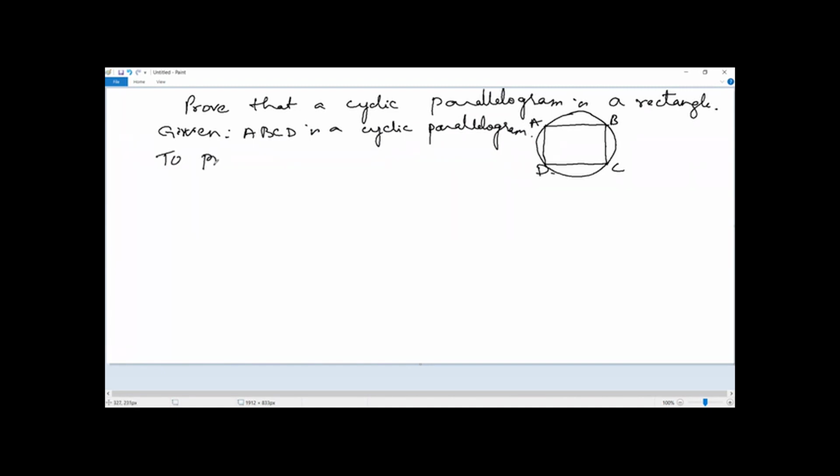To prove ABCD is rectangle. How do you prove? Sneha, what is the property of cyclic quadrilateral?